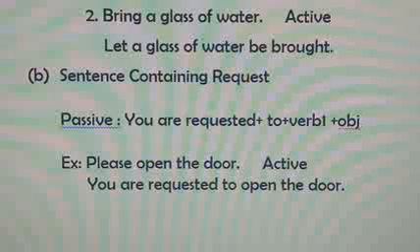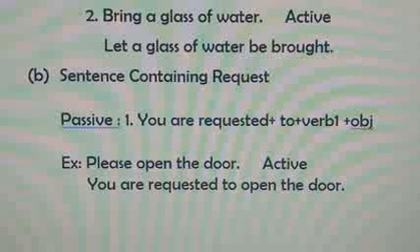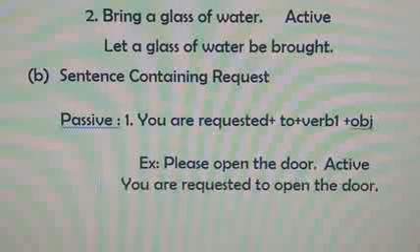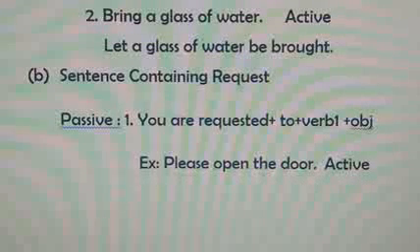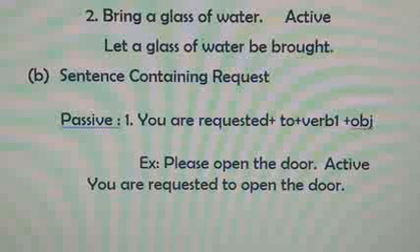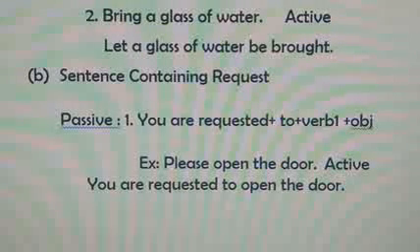It was the first example, my dear children, that I gave you, and the next one that I am going to give you will be the last for this group, sentences containing request. Then we will move to the other group. Now let's see the example. Do it for me, please. This sentence is in active group.